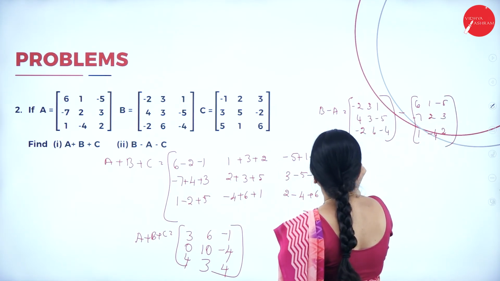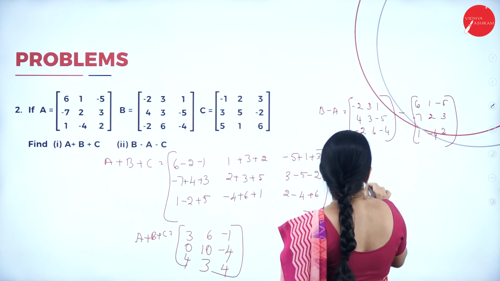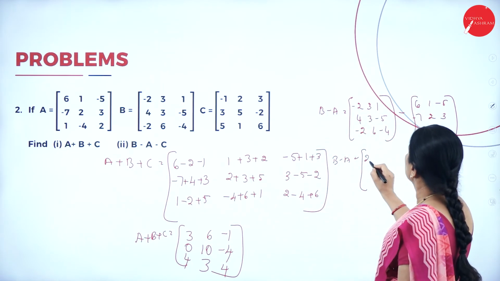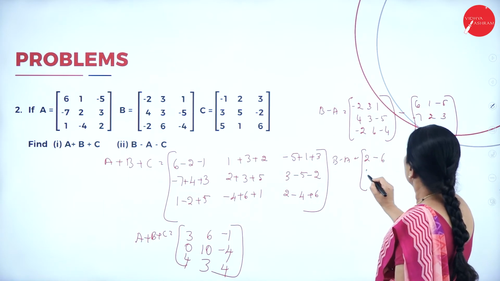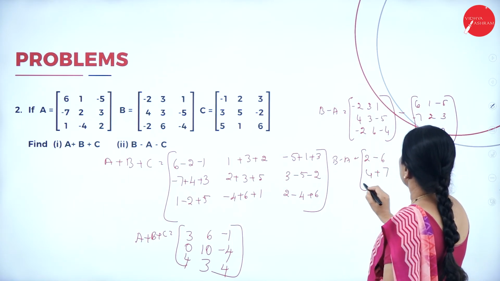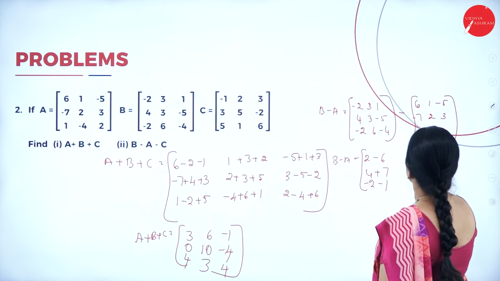So B minus A will be equal to minus 2, minus 6, 4 plus 7, minus 2 minus 1.